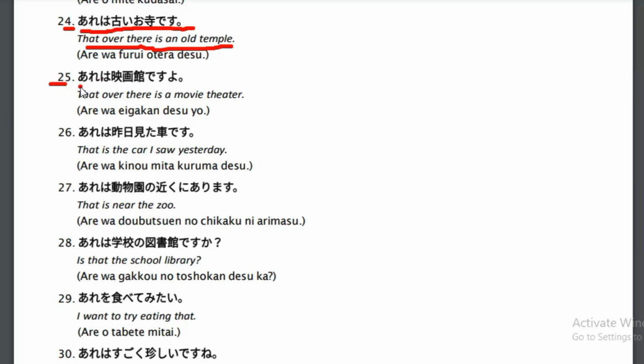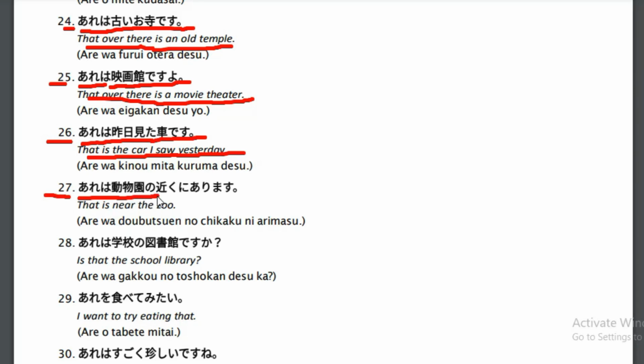The next is are wa eigakan desu, that over there is a movie theater. The next is are wa kino mita kuruma desu, that is the car I saw yesterday. The next is are wa doubutsuen no chikaku ni arimasu, that is near the zoo.